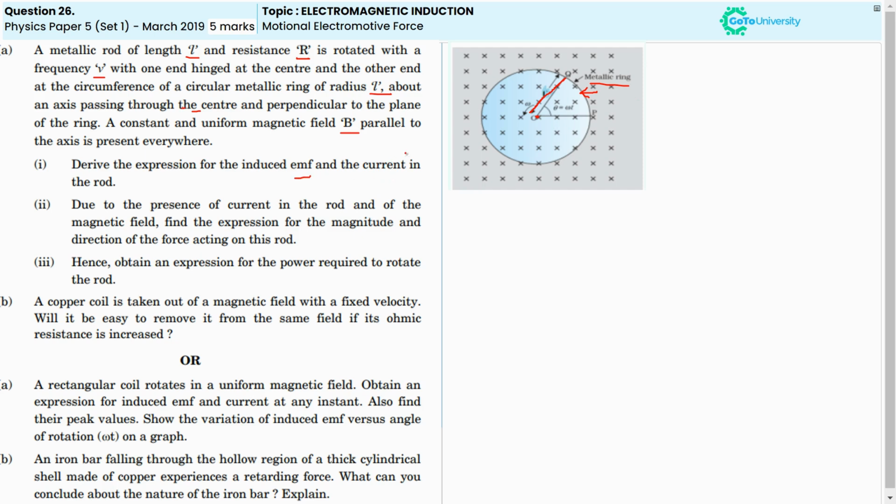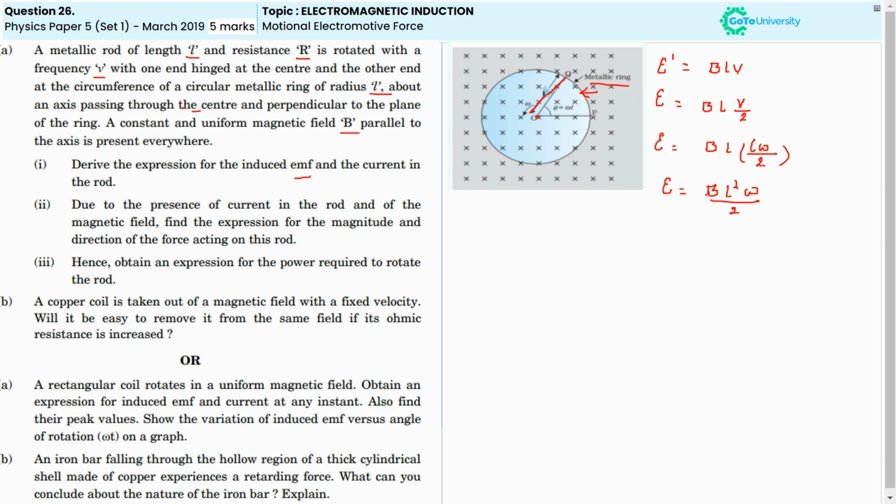the rod. So first, the image here, then we'll go for the induced EMF, that is epsilon is equal to B L V, where V is L omega divided by 2, so epsilon is equal to B L square omega by 2.